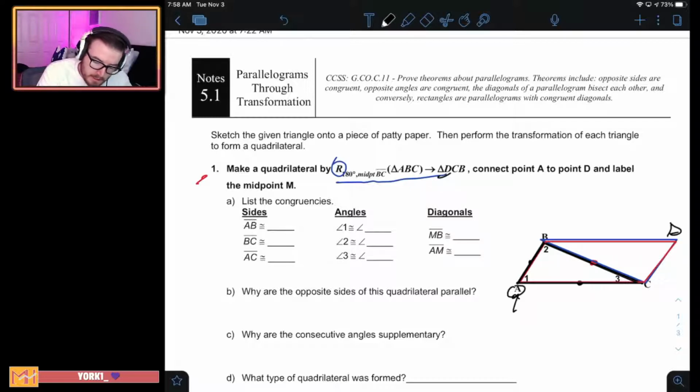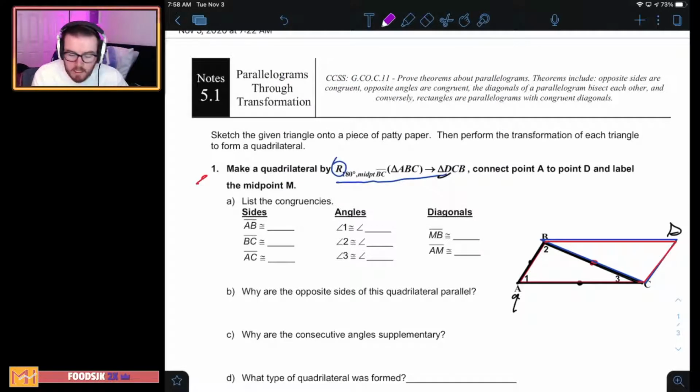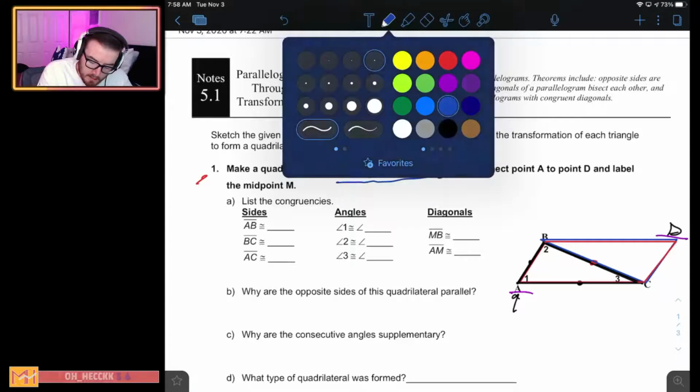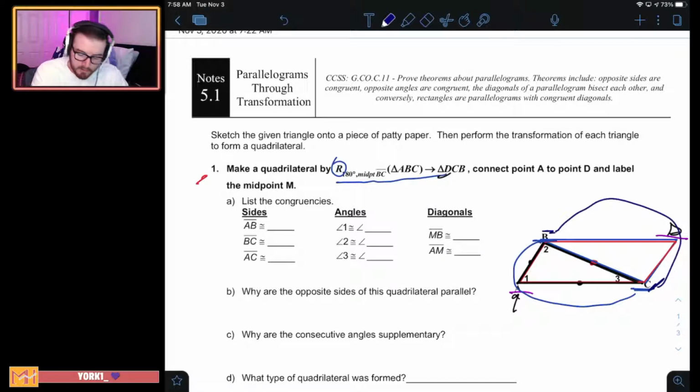So this point, let me use colors here. I probably don't even need to explain this, but this point matches up with D, and then B rotated around and went to C, but then C rotated around and went to B, right? The way it swiveled.